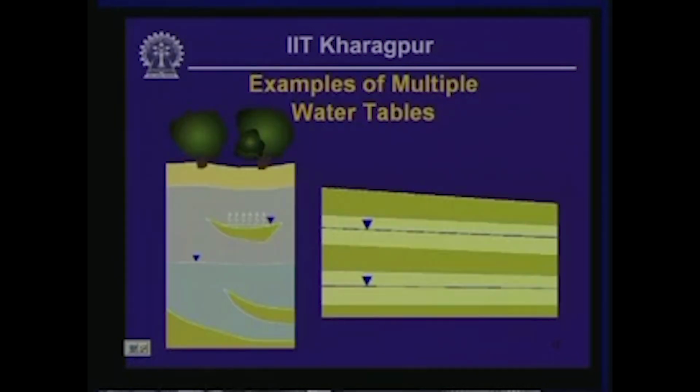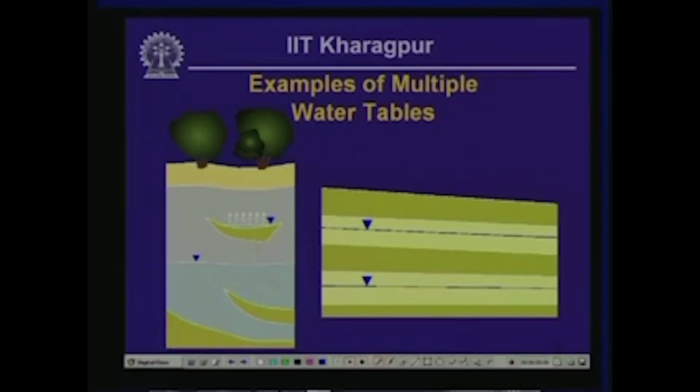Okay, to illustrate what I meant, I have got two cartoons here. On the left, you can see that there are impervious layers indicated by a greenish shade.